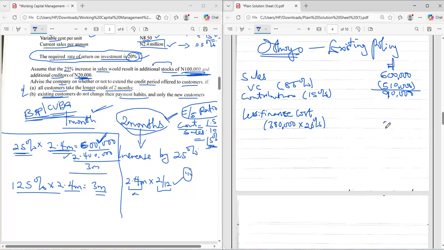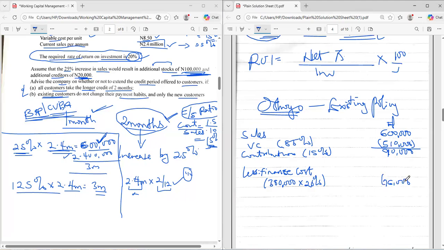That's 76,000. So let's subtract it out. What are we going to have? 14,000. So this 14,000 is our final answer, which we call additional profit because it's positive. Additional profit of 14,000.